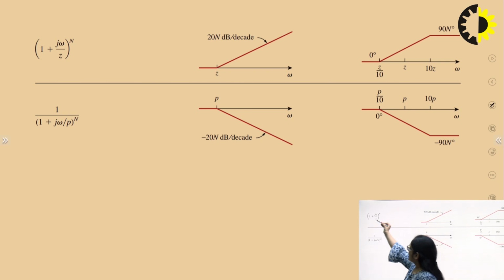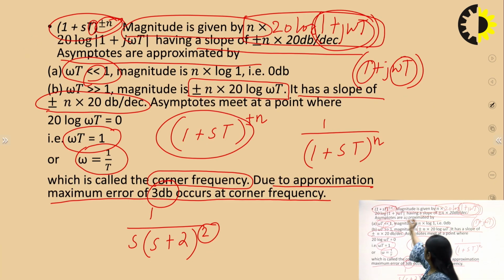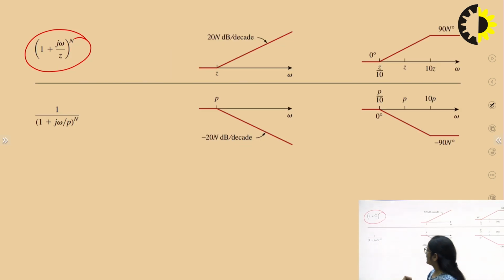So if you have this term 1 plus j omega raised to n, it is nothing but this value 1 plus st raised to n. So we are taking it into the denominator. So this z, we are mentioning here, this is the corner frequency.